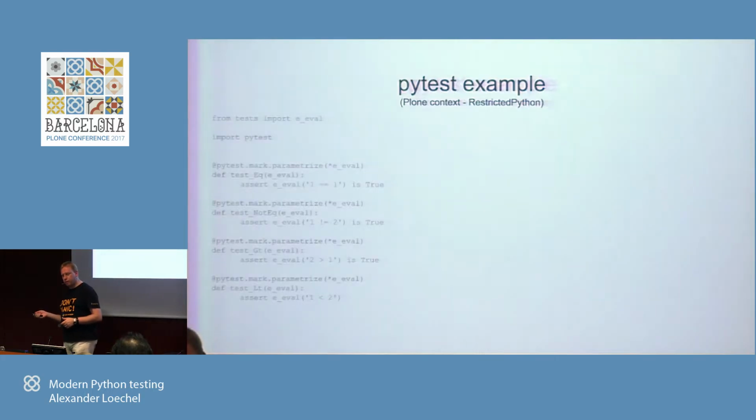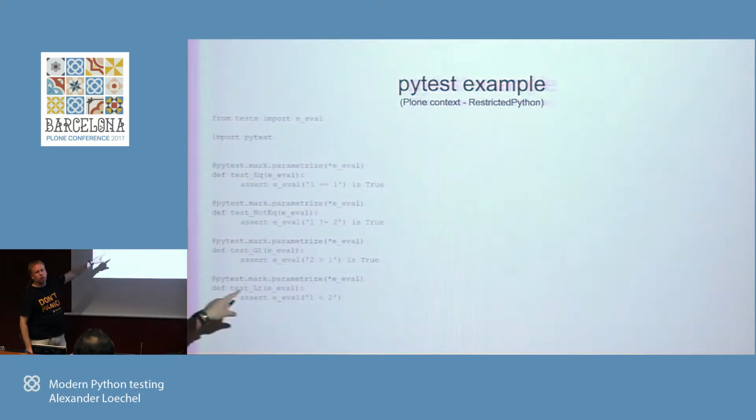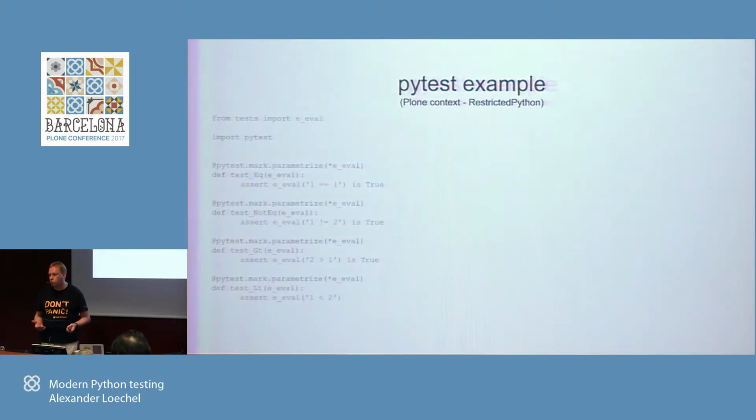And the PyTest we have used for RestrictedPython is just much simpler. So you do not have any class anymore or something. You just have a method that either starts with test_ or ends with _test. And those are found. You can annotate them.